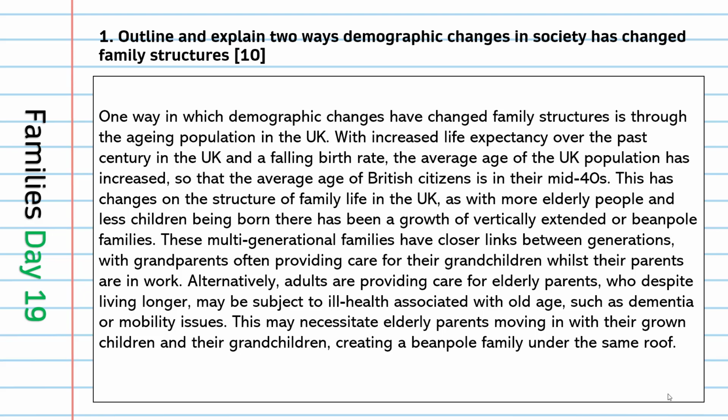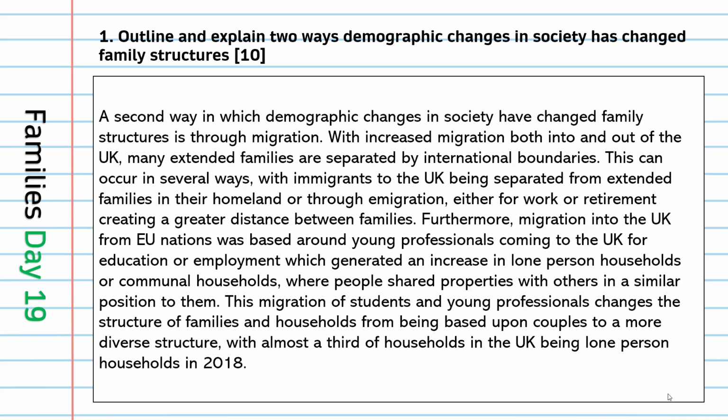This may necessitate elderly parents moving in with their grown children and their grandchildren, creating a beanpole family under the same roof. And we have seen a rise, at still a very small percentage of the population, around 1 or 2%, where we have multi-generational families living under the same roof. So there's my first reason.